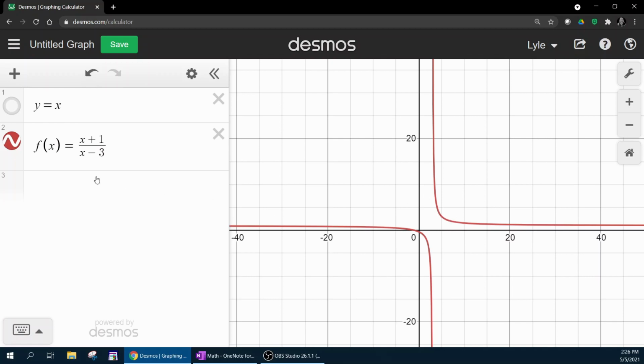So this function is 1-to-1 because no horizontal line that I could draw would touch the graph more than one time. Now, what does that mean again? That means that finding the inverse of this function will produce a function. Do you understand that? The inverse function will pass the vertical line test. We will get a function for the inverse.